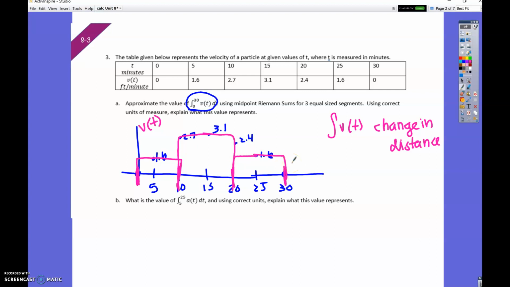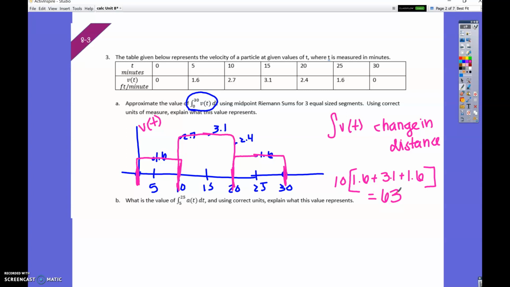I simply need to find the area of each of these rectangles. So my base on all of them is 10. And my heights are all based on these middle numbers. So 1.6 plus 3.1 plus 1.6. There's my base times all my heights. This area gives me a total of 63.